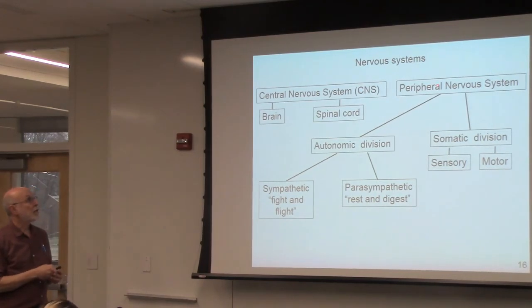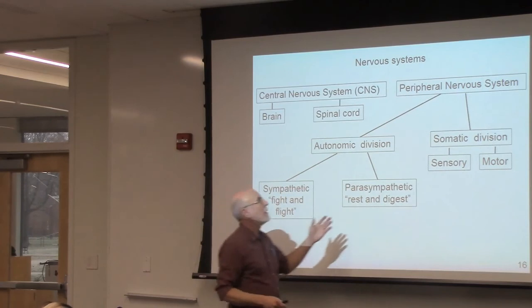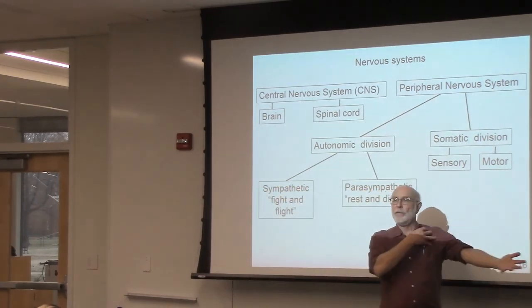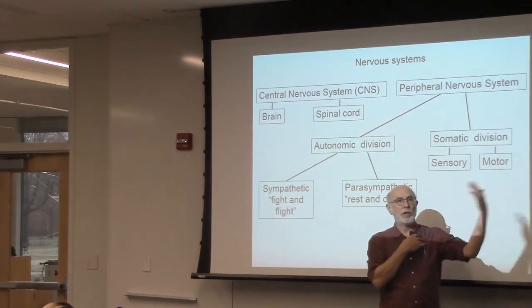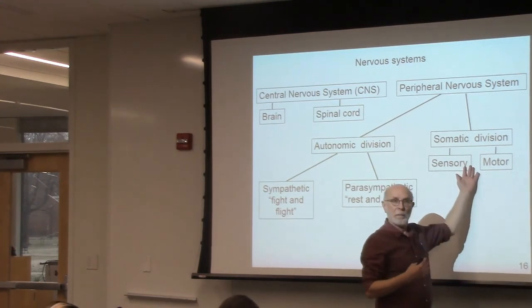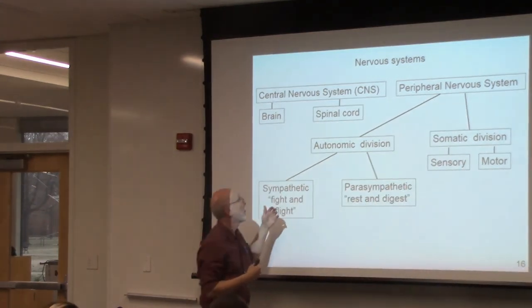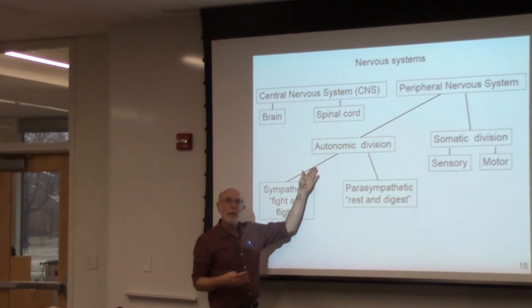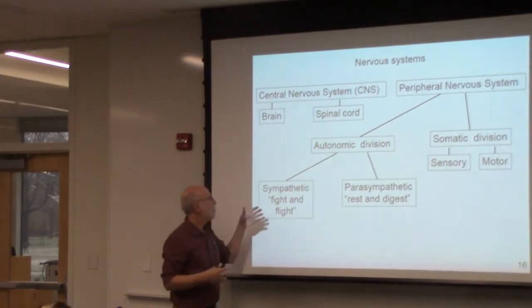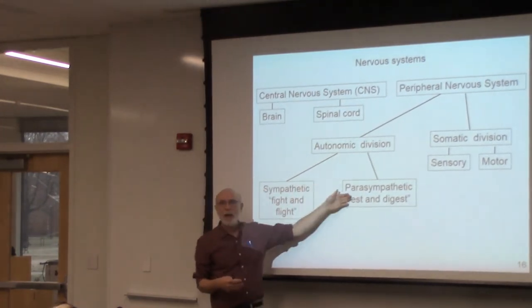The peripheral nervous system is broken down into a somatic nervous system and an autonomic nervous system. The somatic is sensation from the body and motor control of the body. The autonomic nervous system is broken down into the sympathetic and parasympathetic.